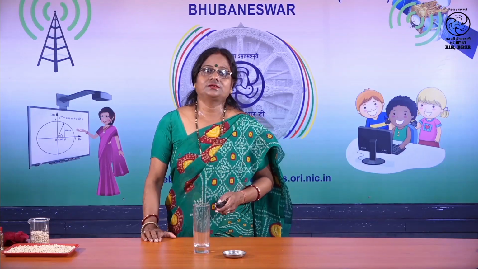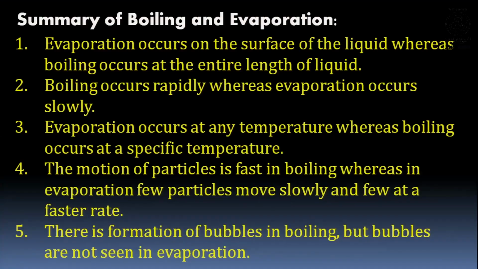The summary of boiling and evaporation. Evaporation occurs on the surface of liquid, whereas boiling occurs throughout the entire liquid. Boiling occurs rapidly, whereas evaporation occurs slowly. Evaporation occurs at any temperature, whereas boiling occurs at a specific temperature.